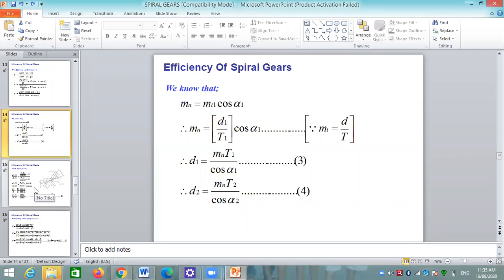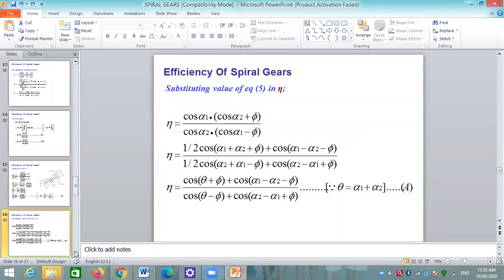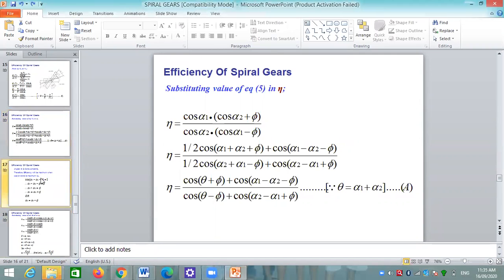If we put this value in this equation and simplify, we will get efficiency is equal to cos of alpha 1 into cos of alpha 2 plus phi divided by cos of alpha 2 into cos of alpha 1 minus phi.